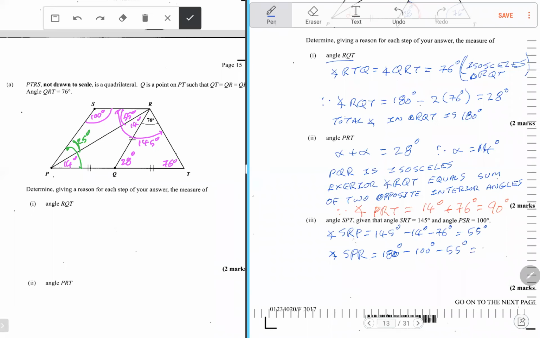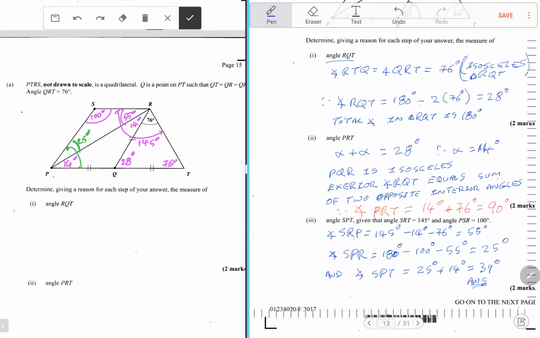That's going to give us 25 degrees. And then the angle that they want, angle SPT, becomes the 25 degrees plus the 14 degrees, which is now 39 degrees. And that is their answer. That's how we get that one there.